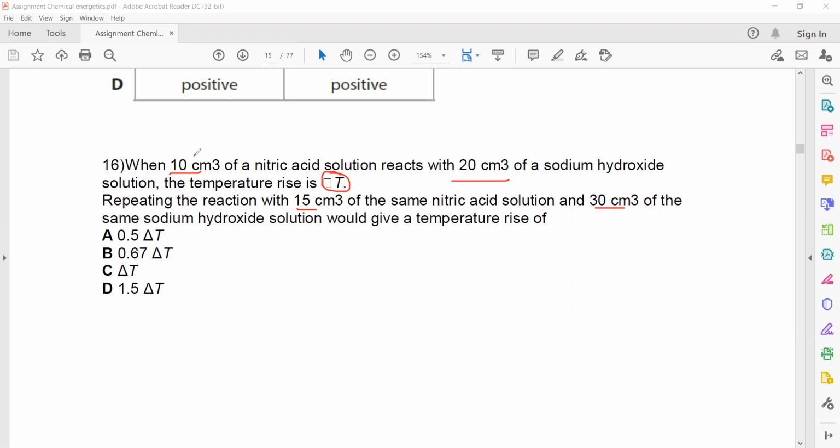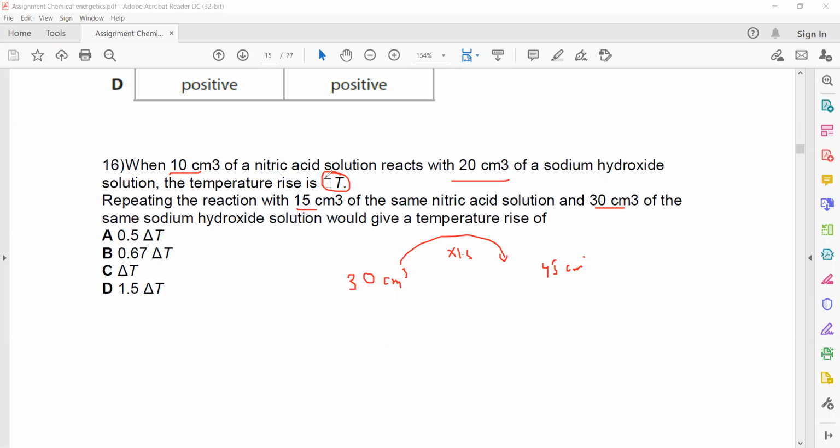When you check, the total volume was 30 and here the total volume is 45. So the volume increased by 1.5.